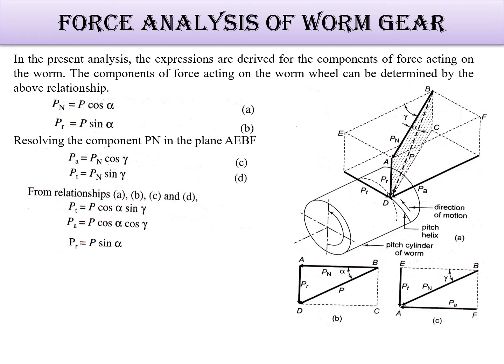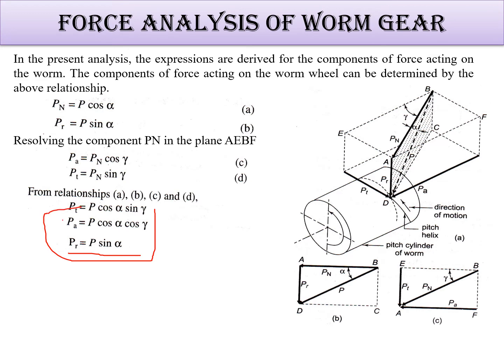Based on this rectangle, PA is equal to Pn cos of gamma, and PT is equal to Pn sin of gamma. Based on these relations, we get Pt equal to P cos of alpha sin of gamma, Pa equal to P cos of alpha cos of gamma, and Pr equal to P sin of alpha. So these types of forces we get here.